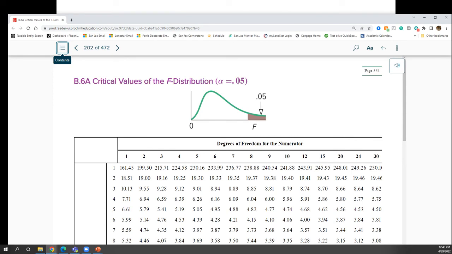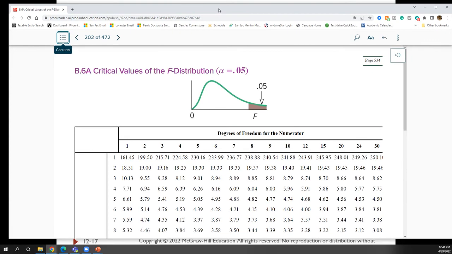Okay. Next, to find F, we have to know that, of course, our numerator is going to be the 12 sample size, or 12, minus 1 is 11.